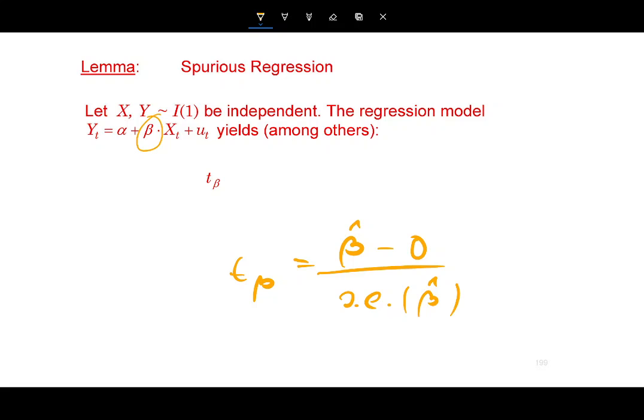So the formula for the standard error, you don't need to write it down because we were running OLS regressions. That was actually one of the first 2 lectures, right? And the standard error was the standard error of regression times, if I recall it correctly, I'm not sure, 1 by the square root of n times the empirical variance, which I called Sx. I think that was the formula, but I'm not sure.